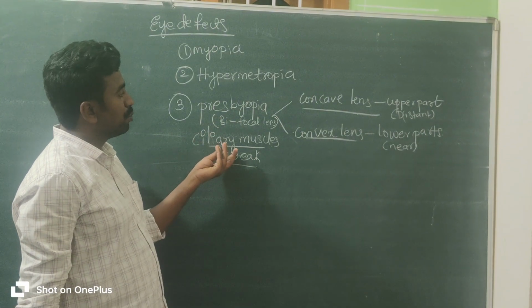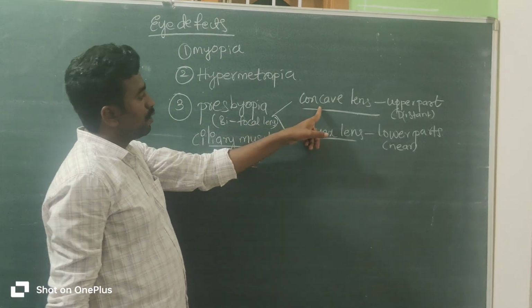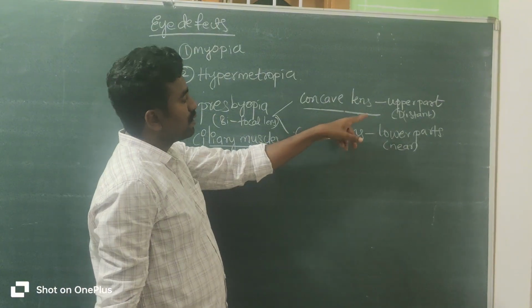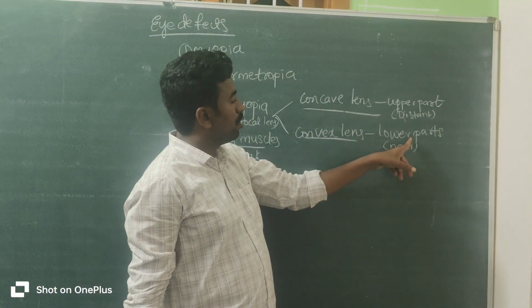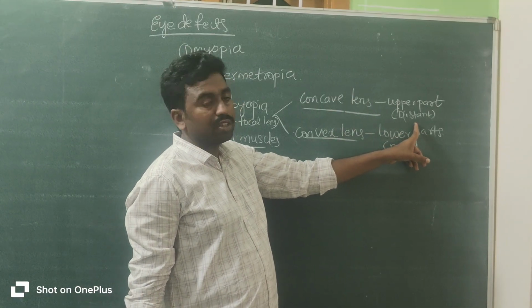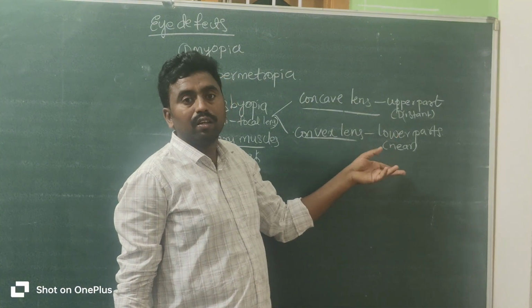To correct presbyopia, we use a bifocal lens. A bifocal lens means both concave and convex lenses: concave lens at the upper part and convex lens at the lower part. With the upper part the person is able to see distant objects, and with the convex lens the person is able to see near objects.